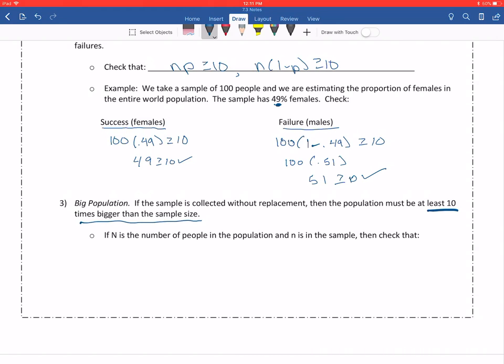If N is the number of people in the whole population and little n is the sample, we have to check that the whole population is bigger than 10 times the sample. The whole population here is the world. So is the world population greater than or equal to 10 times the sample size? Are there more than 1,000 people in the world? Yes.